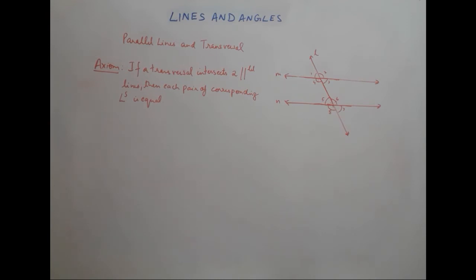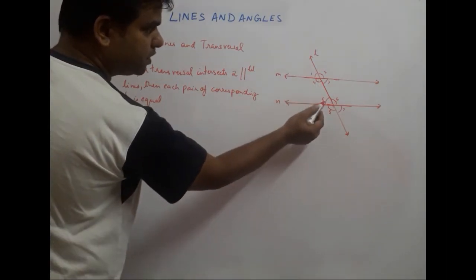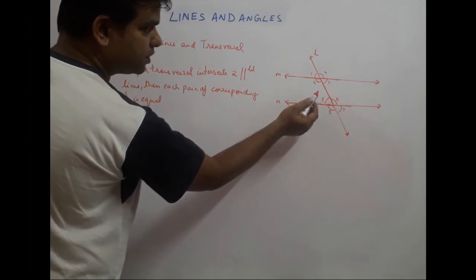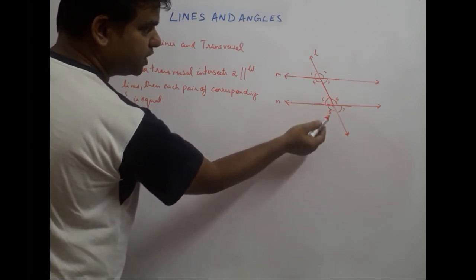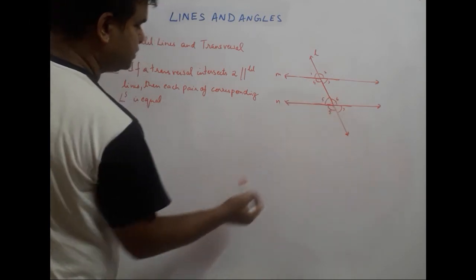Fine. So let us look at the first axiom, which says if a transversal intersects two parallel lines, then each pair of corresponding angles is equal. So which are your corresponding angles in here? We have just learned: 1 and 5, then 4 and 8, then 2 and 6, and 3 and 7. So these are all equal.